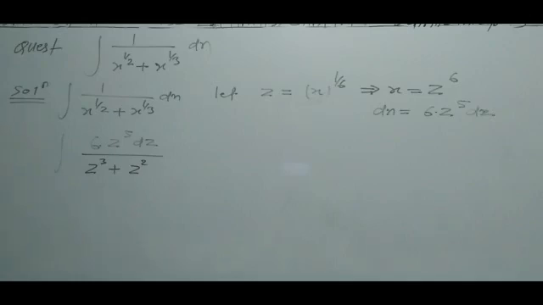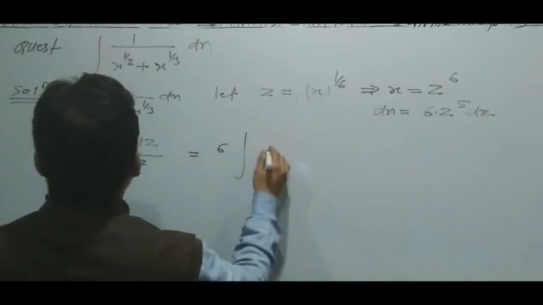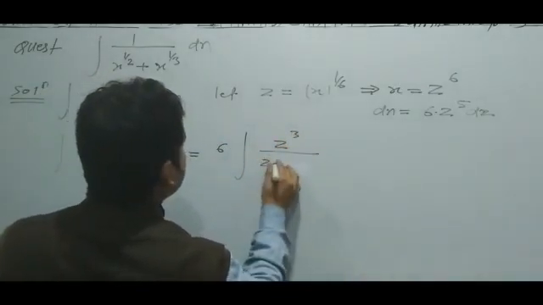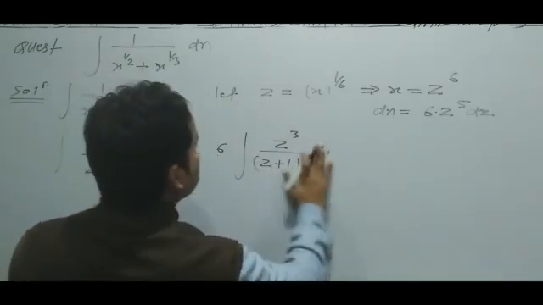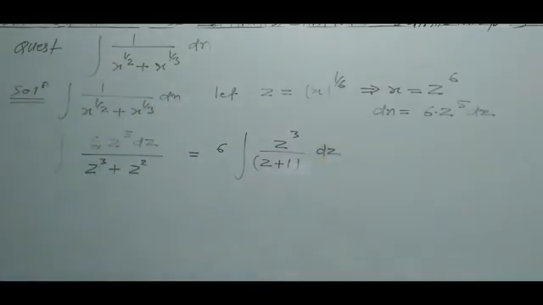So what will be the result? Now this result we can write, this z to the power 2 is cancelled, so z cube whole upon z plus 1 dz. Now what we have to do?